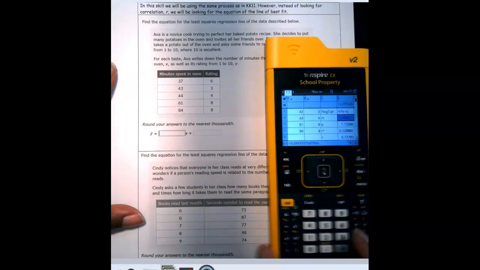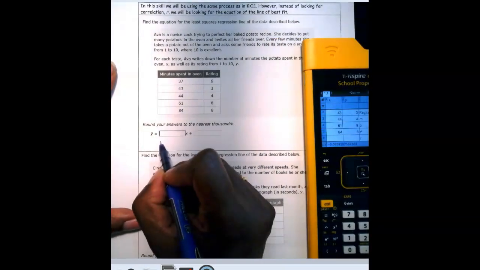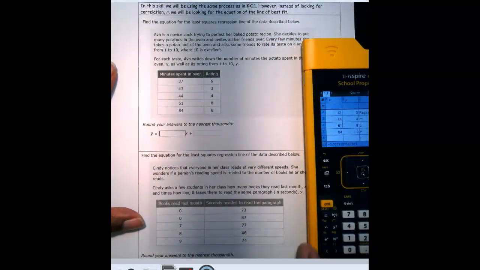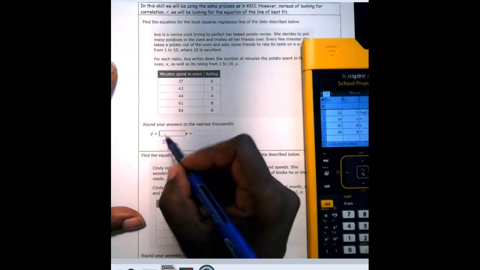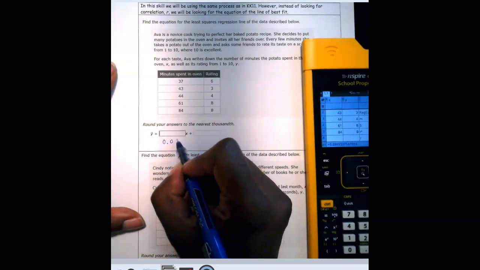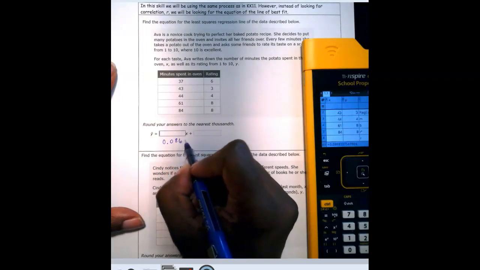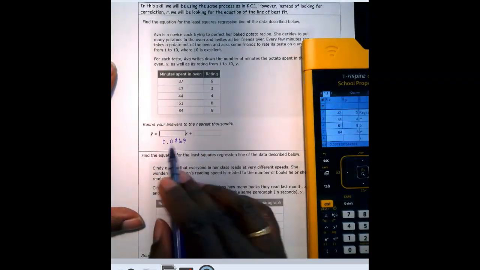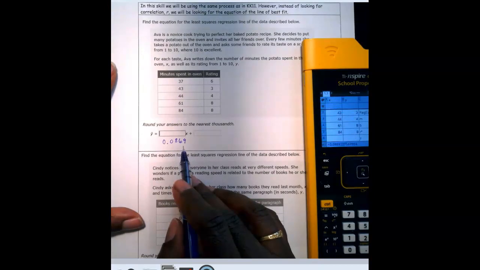So my slope, I'm going to write this number here, is 0.0869. So I'm writing to the 10,000ths place here.